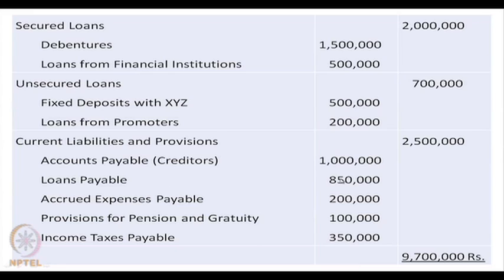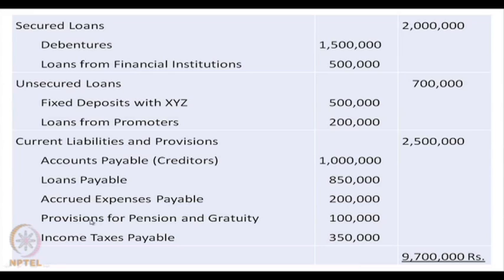Loans payable could be 850,000 rupees. Accrued expenses payable means the company is supposed to have paid, let us say, rent or taxes or other expenses, but it has not yet made the payment. That is accrued expenses payable, it is 200,000.